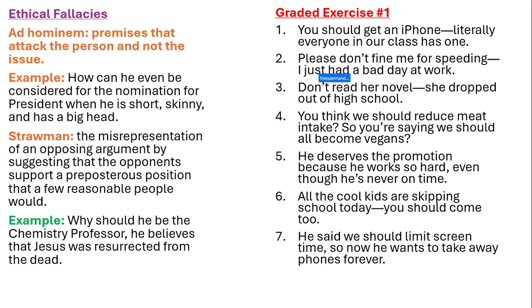She dropped out of high school. Number 4: You think we should reduce meat intake, so you're saying we should all become vegans? Number 5: He deserves the promotion because he works so hard, even though he's never on time. Number 6: All the kids are skipping school today. You should come too. Number 7: He said we should limit screen time. So now he wants to take away our phones forever.